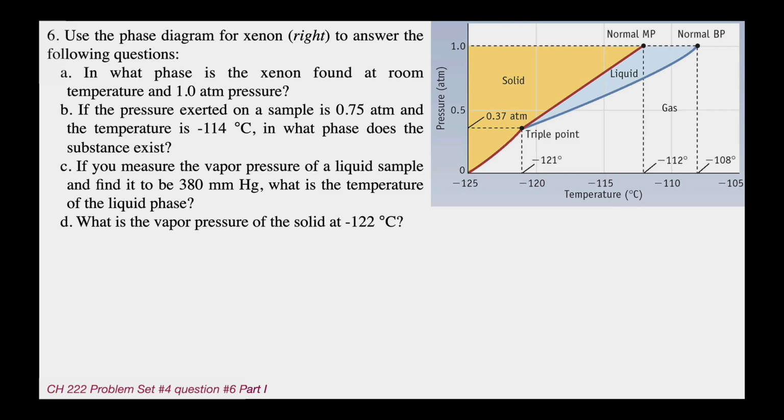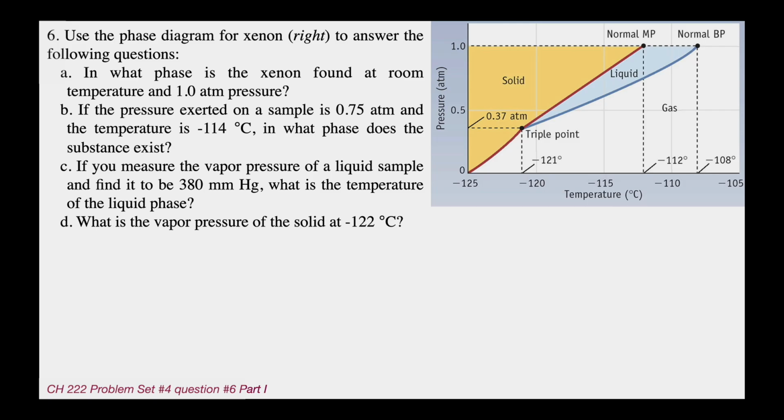The liquid's in the middle of the Y, if you will. But anyway, phase diagrams like this are just more expanded versions of the vapor pressure curves we saw in question 1. If you took just the liquid-gas interface, it's got a little bit of a curve. That's what we were looking at back there in question number 1. So phase diagrams are just more complete descriptions of the different compounds. So let's see how this works.